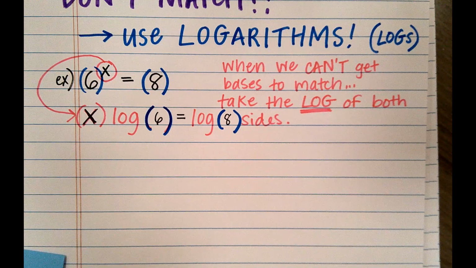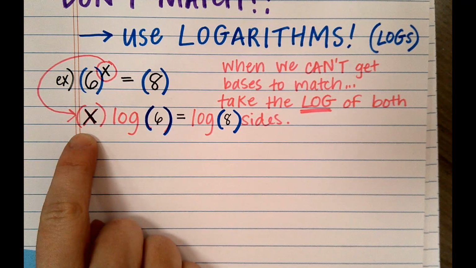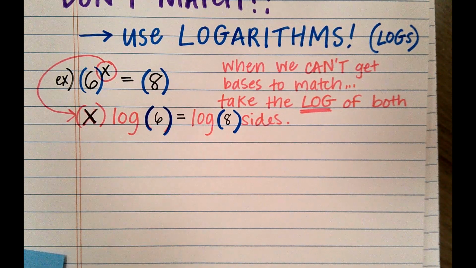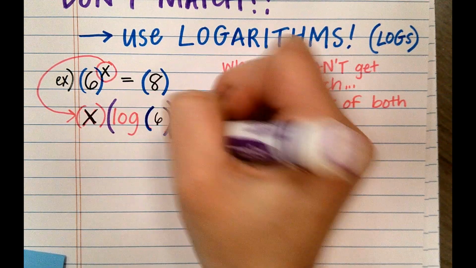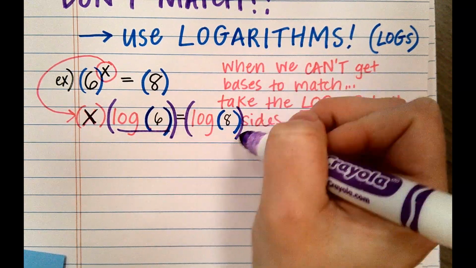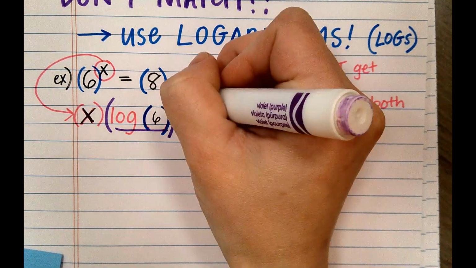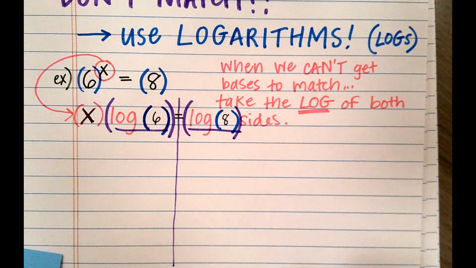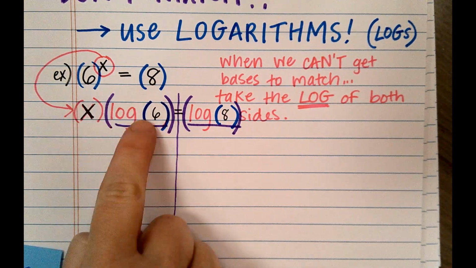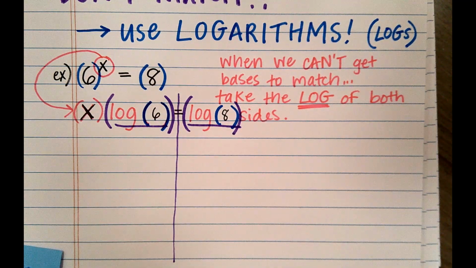So here's what we can do. I want to get x by itself. Log of 6 is like one value. This is a number, believe it or not. Log of 8 is a number. This is my equal sign. This means x times whatever the log of 6 is equals whatever the log of 8 is.